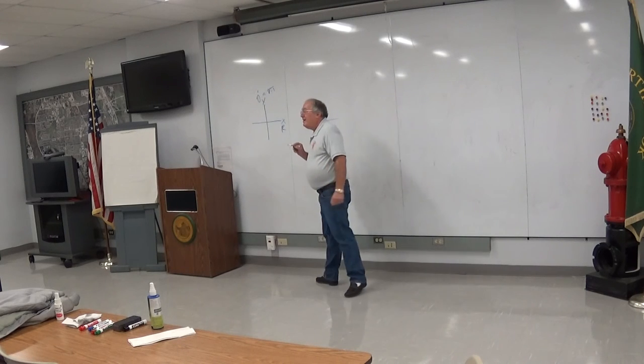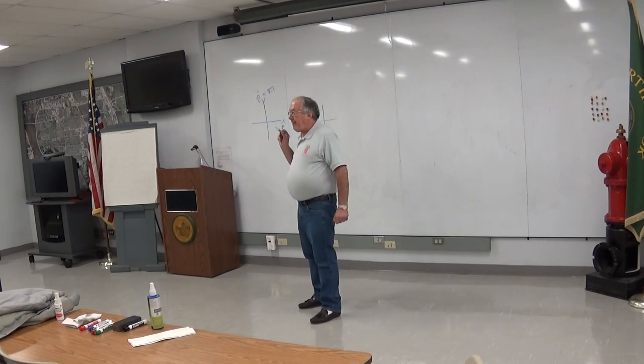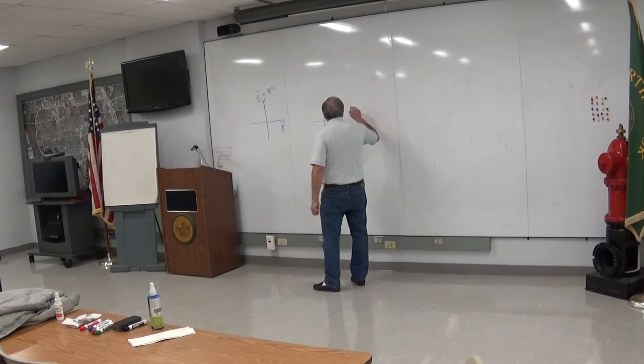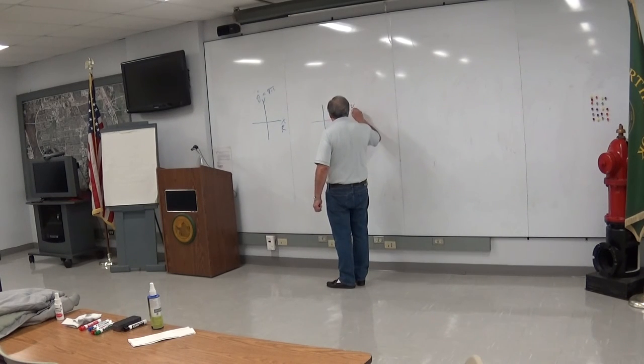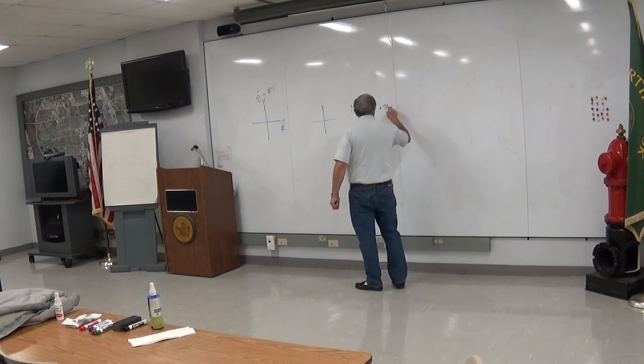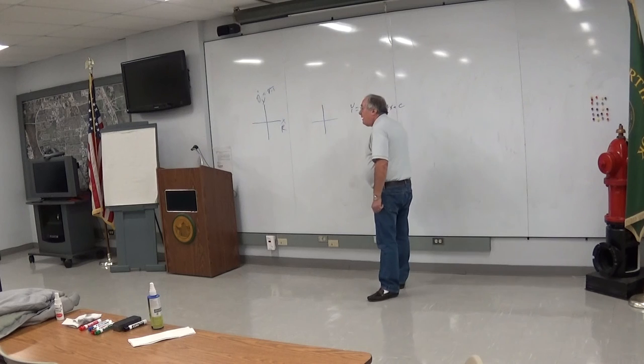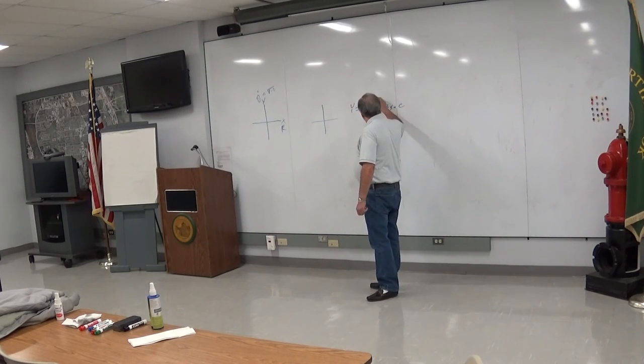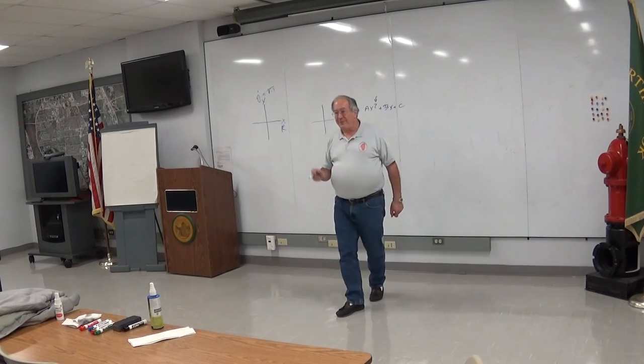If you took analytic geometry, you would have equations of the form y equals ax squared plus bx plus c. Those are called conic sections. They are second order functions because the highest exponent is 2.